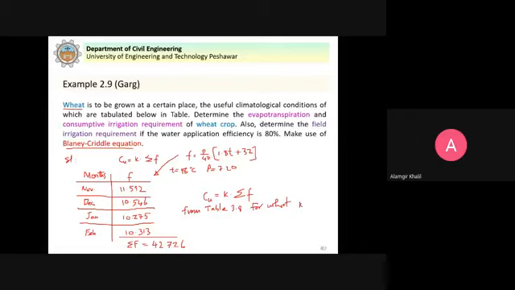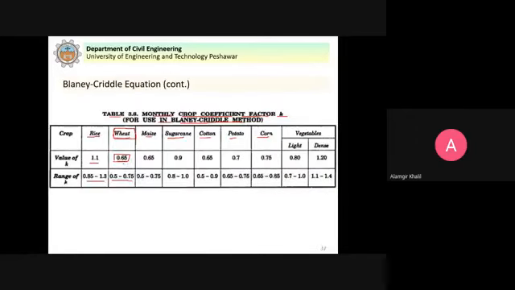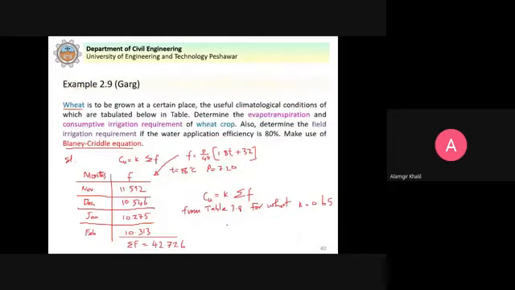This small k is equal to 0.65. So we just take this value here, 0.65.